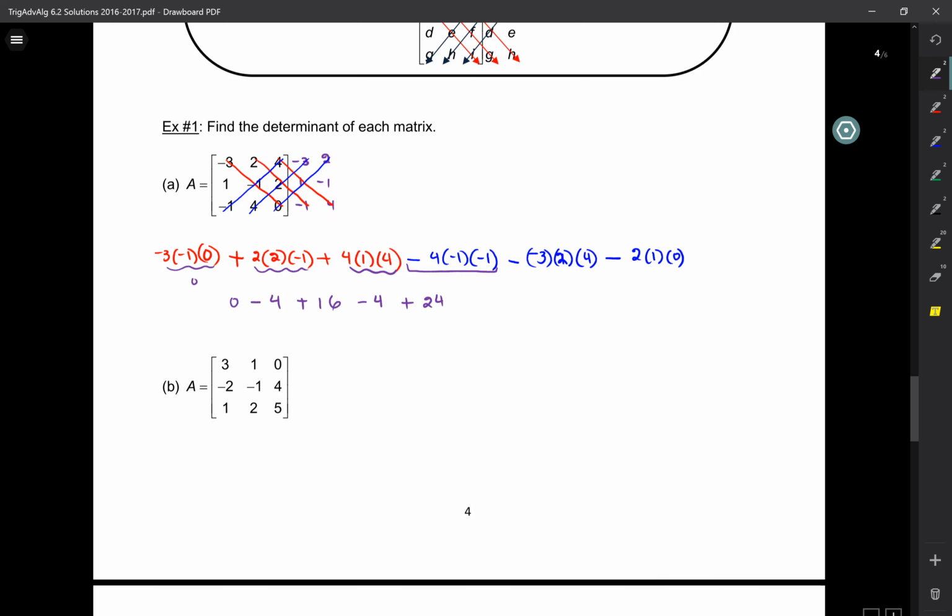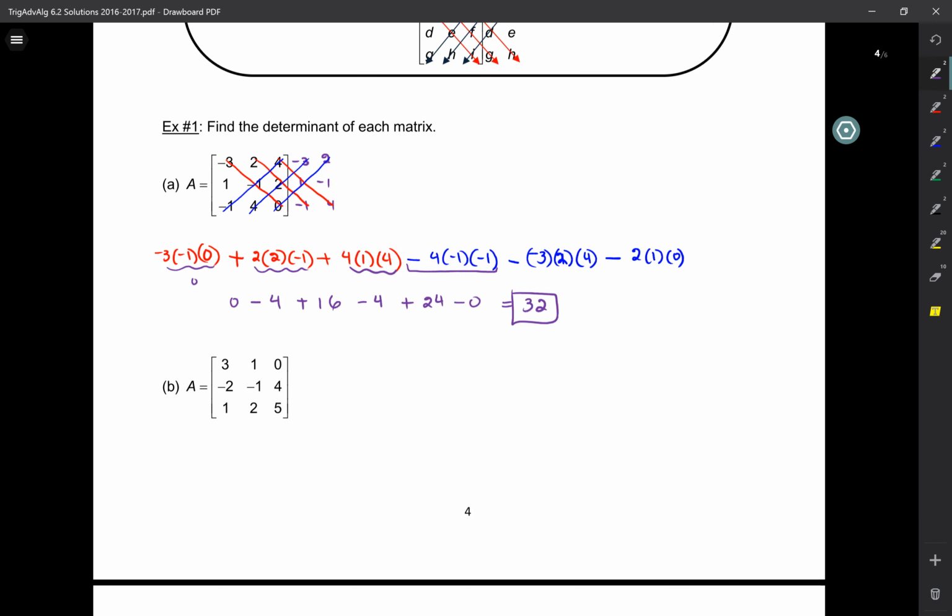And then -0. At the end of the day, you get 16 minus 8 is 8 plus 24, 32. I'm getting 32. What do you guys think? 32. So that's the determinant.